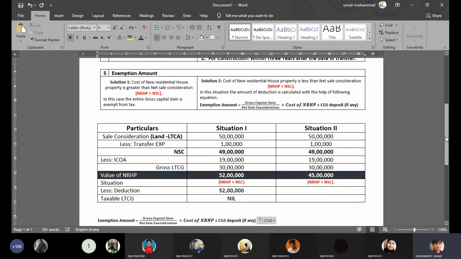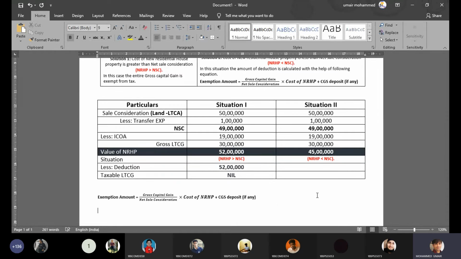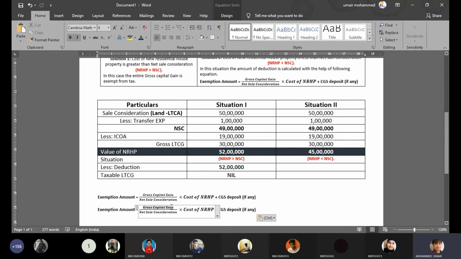What is the formula here? This is the formula. So exemption amount is equal to what is the gross capital gain? 30 lakhs. So write 30 lakhs here. Net sale consideration 49 lakhs. So write 49 lakhs here as a denominator.